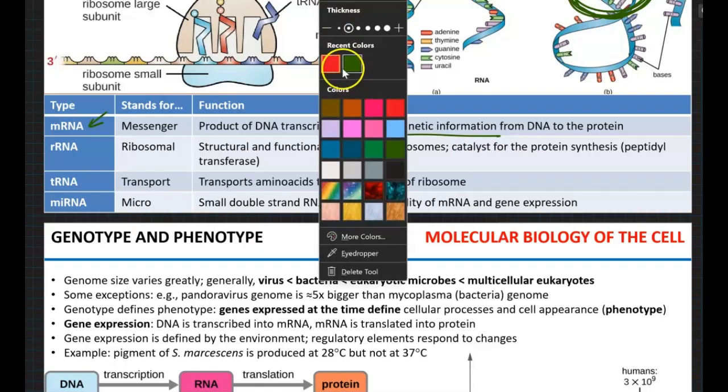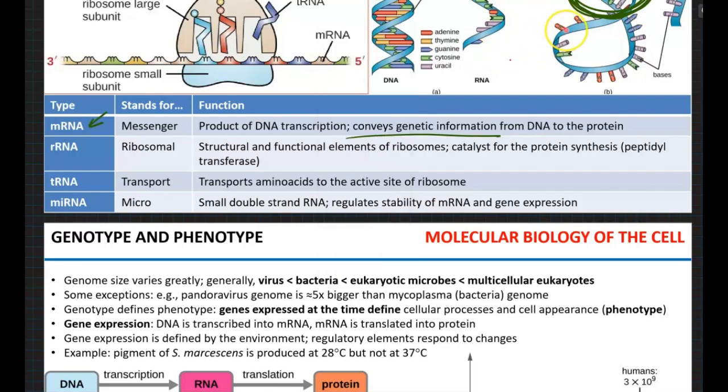The copy of the recipe. Make sense? That's your mRNA. Ribosomal RNA, sort of self-explanatory, part of the ribosome. Transport, or tRNA. So this RNA carries amino acids to the ribosome when the protein is synthesized.